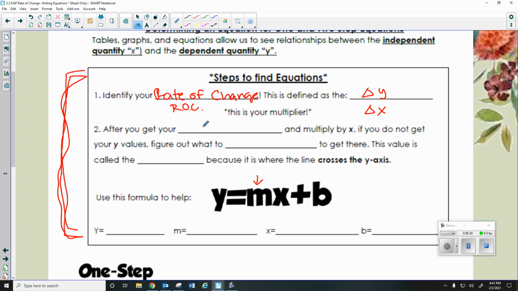After you find your rate of change, multiply it by X. If you don't get your Y value, like what we just saw on that homework question, if I tried multiplying but I didn't get the output, you need to think, what do I need to add or subtract to get that output? That's what goes in this place. That value is called your Y-intercept. Intercept means where it crosses over the Y-axis.